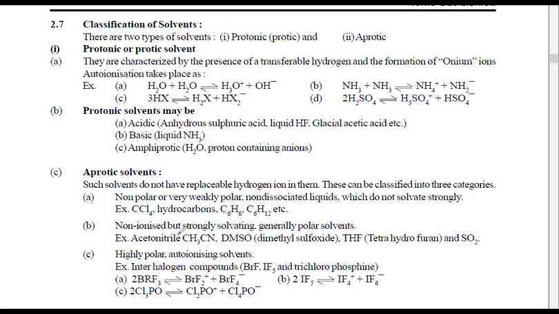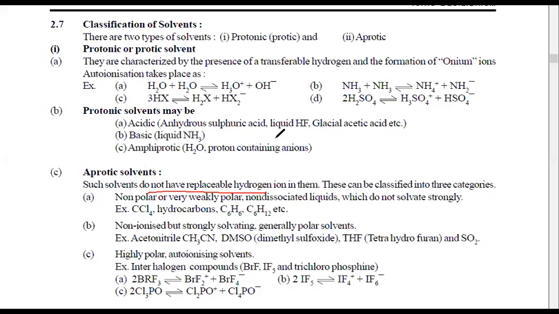Now, see, as I said, there's a difference between polar and non-polar. Aprotic solvent just means that it does not have replaceable hydrogen. So even non-polar solvents can be aprotic solvents. Got it, everyone? Because what is the meaning of aprotic solvent? It is just a solvent which does not have exchangeable hydrogen.